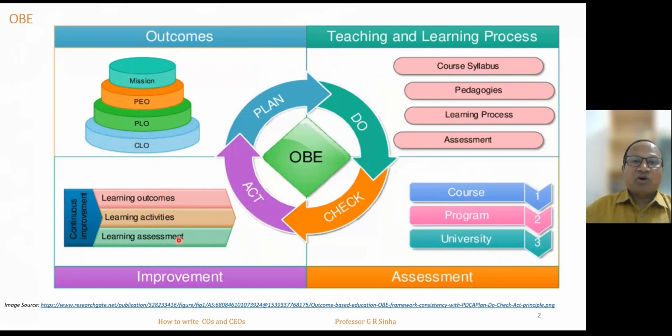Learning assessment is an important thing. What will be the ways in which the assessment of learning outcomes will be made, so that we will understand how much the students have been able to learn from a course. If there is a gap, that what we set as an objective, and the students are not able to completely achieve the objective, what is the gap?